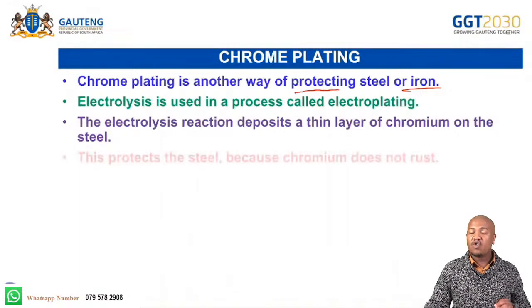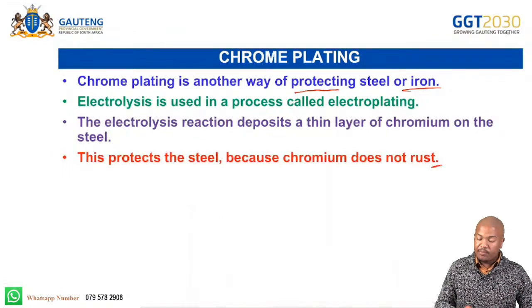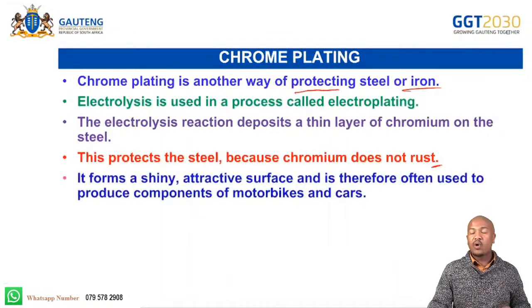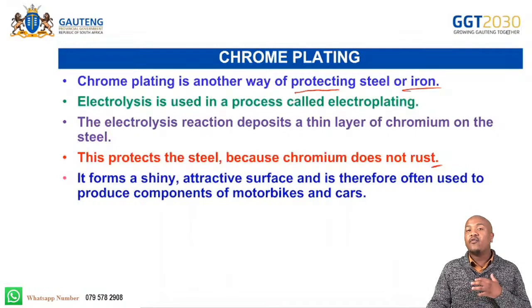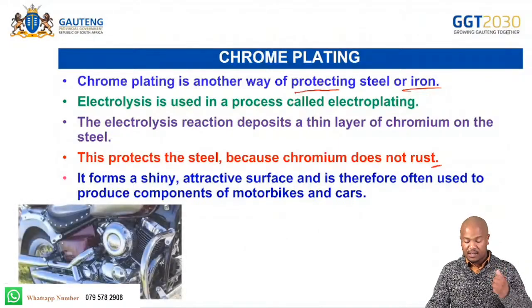So the chromium is a less reactive metal, so it protects the steel because chromium does not rust. Instead, it forms a shiny, attractive surface and is therefore often used to produce components of motorbikes and cars.